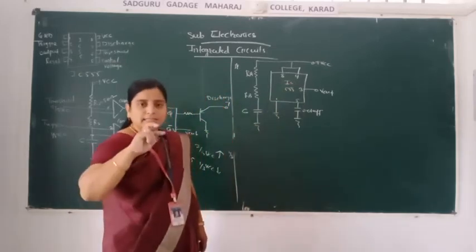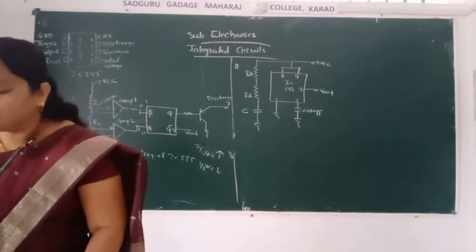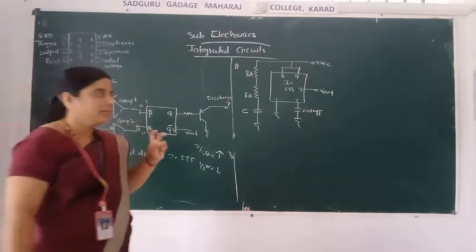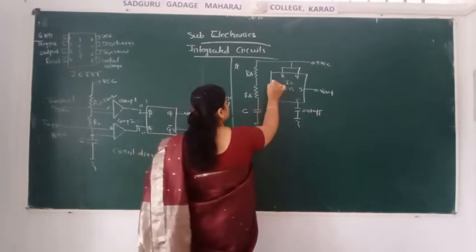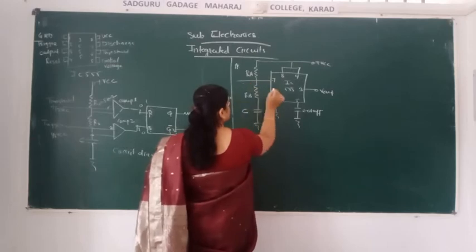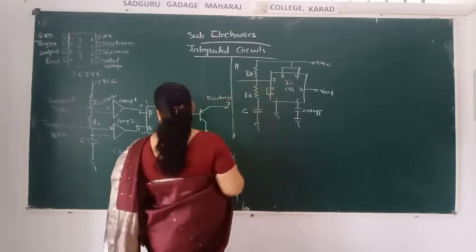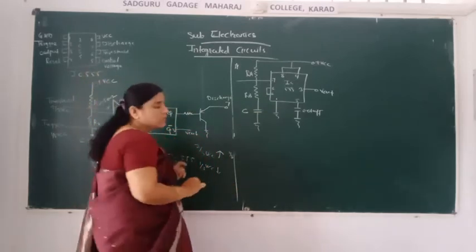If pin number 6 and 7 are common, then at that time it is a monostable multivibrator. In the astable, pin 7 is connected here, and 2 and 6 are common, so pin 2 is the trigger input and 6 is the threshold input.